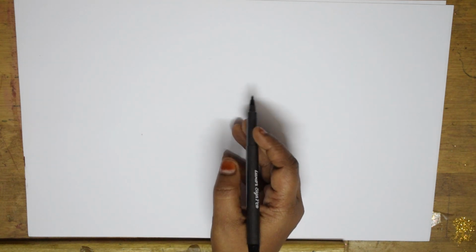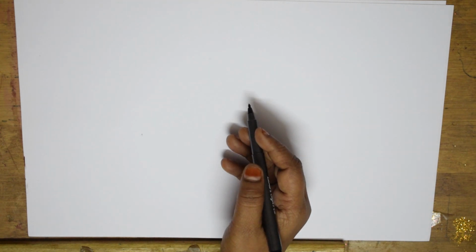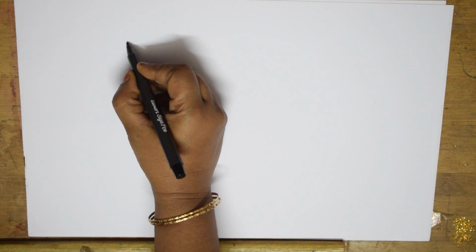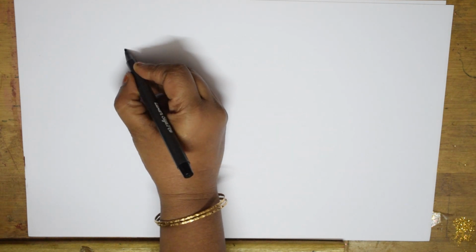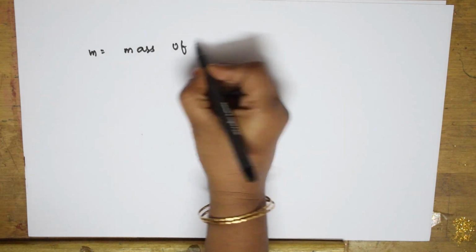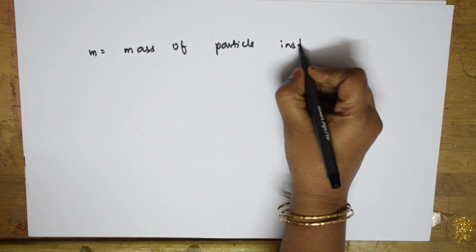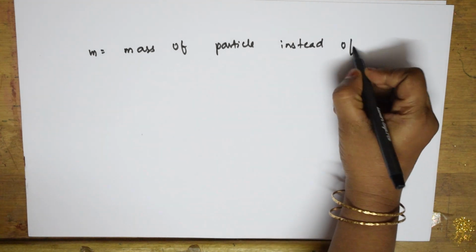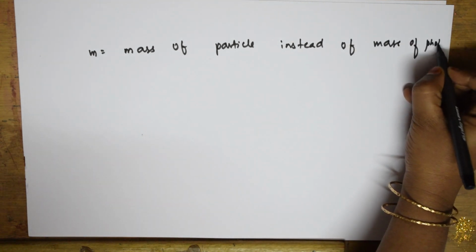Because he's speaking in terms of matter, instead of using m for the mass of the photon, we can use it as the mass of the particle. This is what he said.